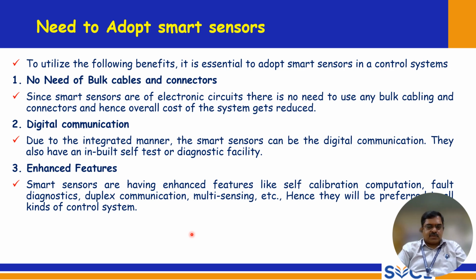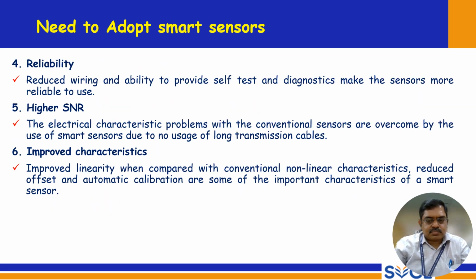Reliability: reduced wiring and the ability to produce self-test and diagnostics make the sensors more reliable to use. Higher SNR: the electrical characteristic problems with conventional sensors are overcome by the use of smart sensors due to no usage of long transmission cables.